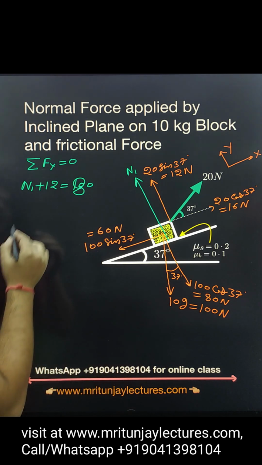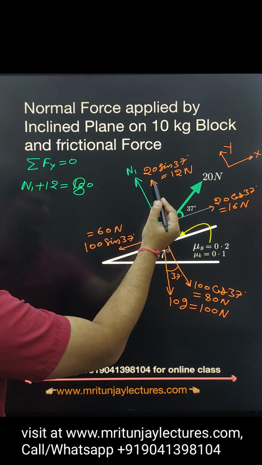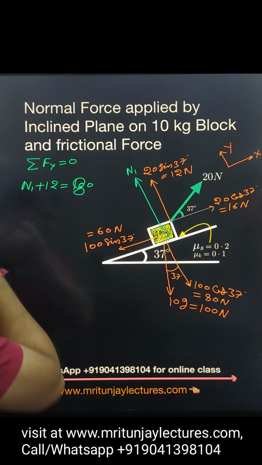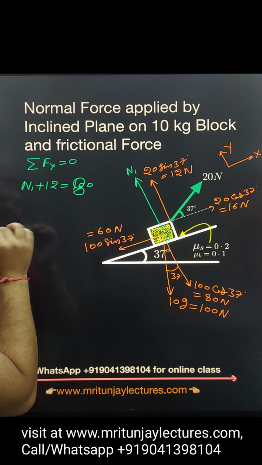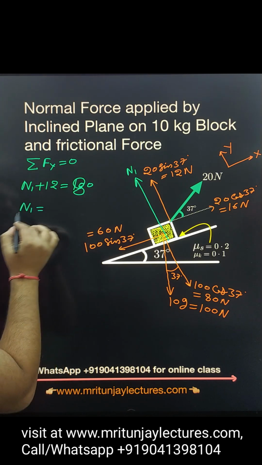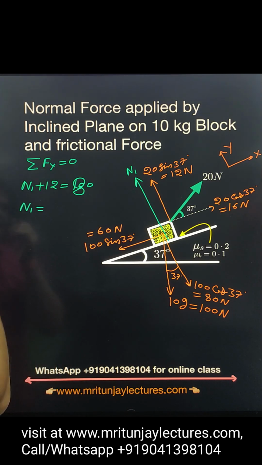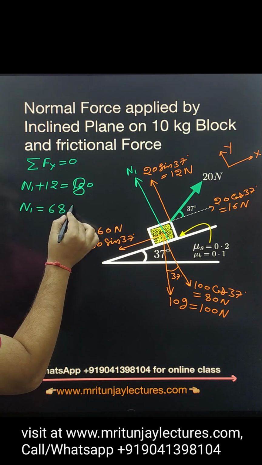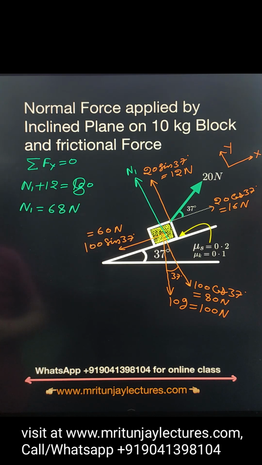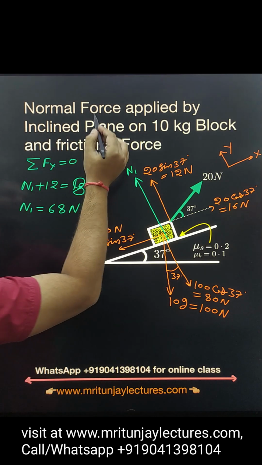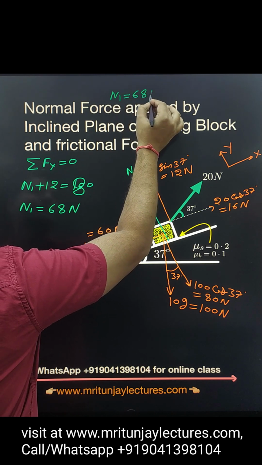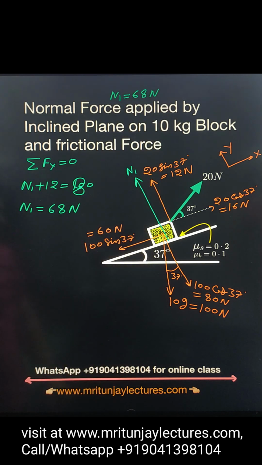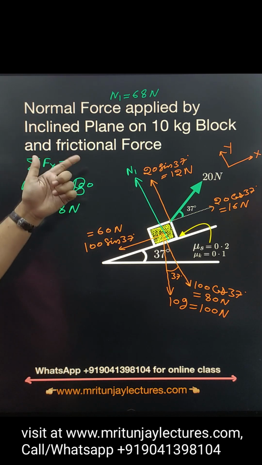Okay, the sum of these forces is equal to the single force here, like that one, which is 80. So N1 is how much? 80 minus 12, that is 68 Newton. N1 is 68 Newton. So the normal force applied by the inclined plane is 68 Newton.